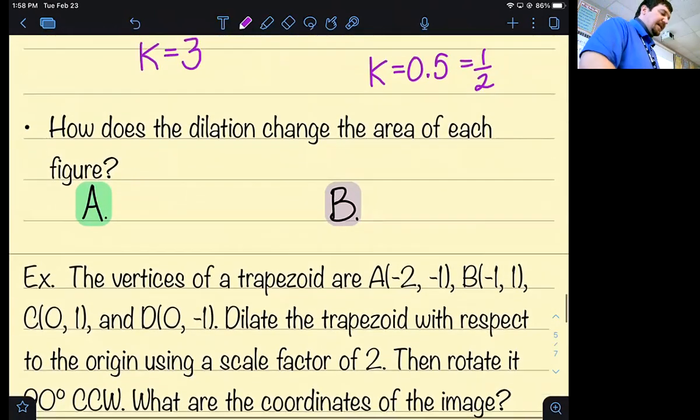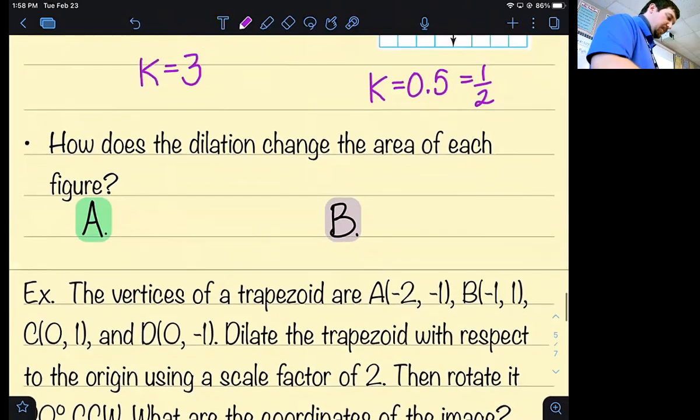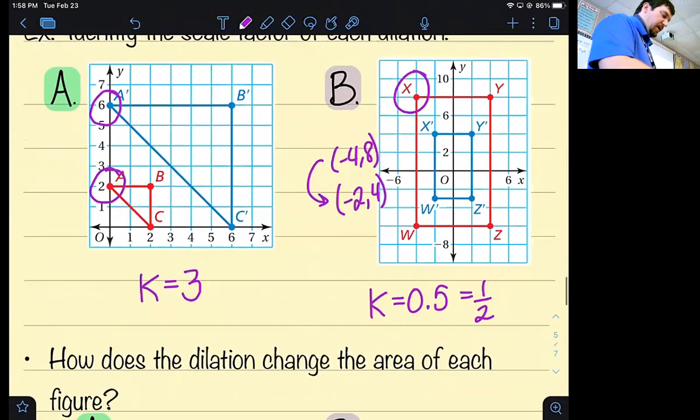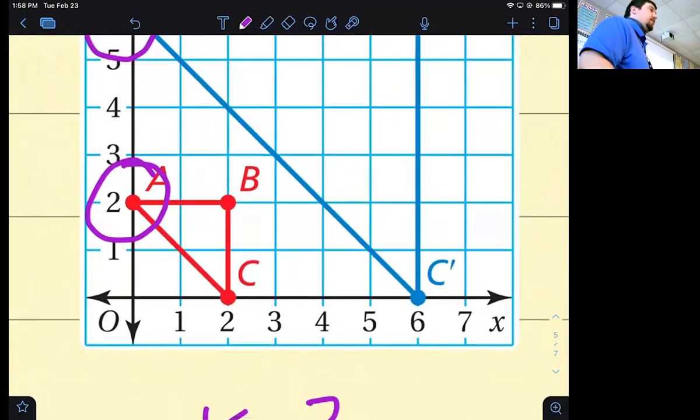It says, how does the dilation change the area of each figure? Let's go back to example A. To find the area of a triangle, I have to multiply the base and height and then divide by 2. So multiply the base by the height. What's 2 times 2? Divide by 2. So the area of that triangle is 2.